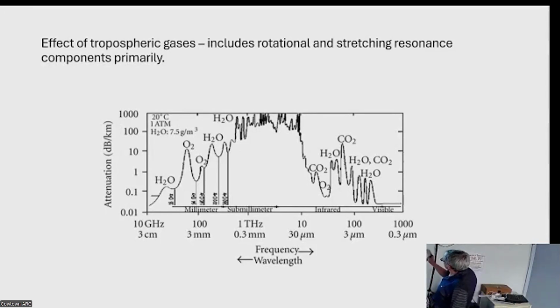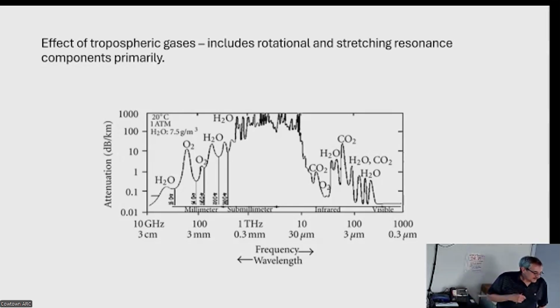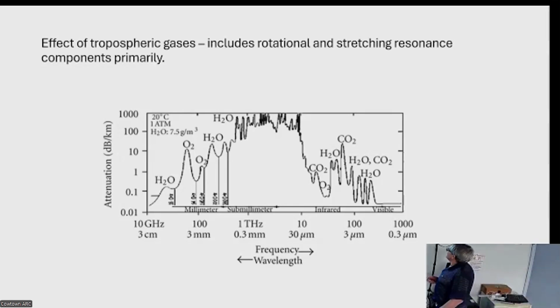But you can see once you get much below that, down into the infrared, you're starting to see all these other effects, CO2 and H2O and so on. Thankfully, we have that for the infrared, right? Most of this, if you look at the spectrum associated with different molecules, will have spectrum associated with rotation, stretching, and bending.